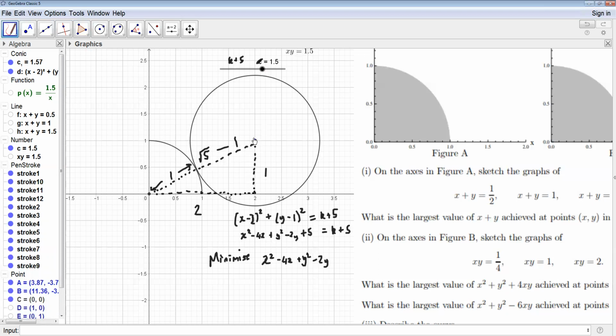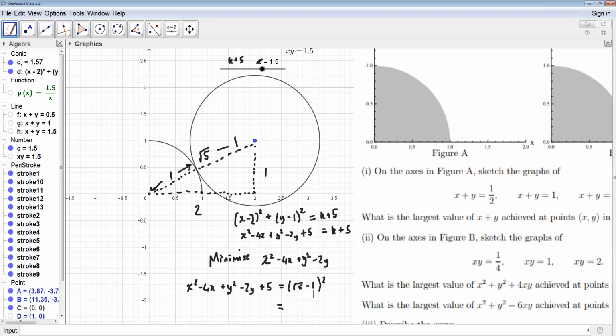So what have I found here? I've found that the radius of my circle needs to be root 5 minus 1. Now that's what this equals. So I can say x squared minus 4x plus y squared minus 2y plus 5 equals the radius squared, so I need to do root 5 minus 1 and square it.